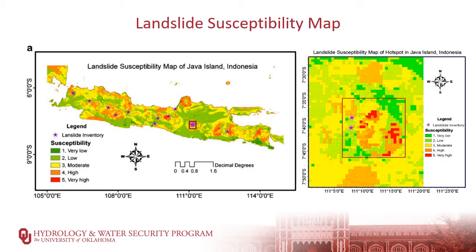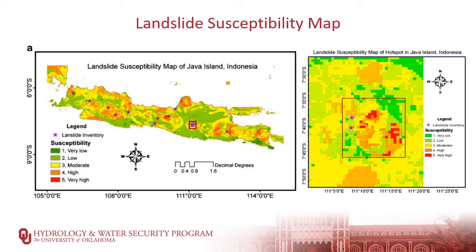And this square here is the actual hotspot study area. And this is a blown up version of that. And this second figure here is a 30-meter ASTER resolution. And everything within this square is the calculation zone for the factor of safety in this model.